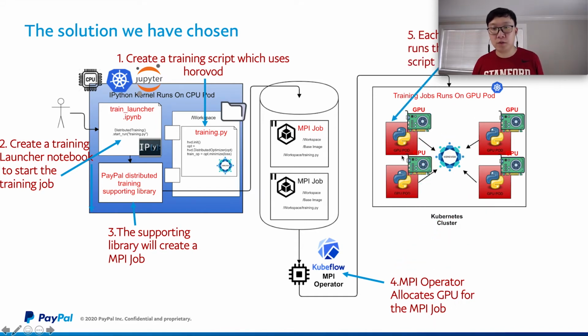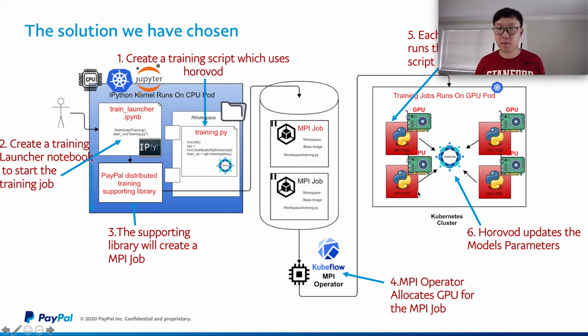In each GPU pod, the training.py will be executed, and these pods will communicate with each other for the parameter updating by using the Horovod library. So Horovod will update the model parameters by using the all-reduce algorithm, which is the main part of distributed training.